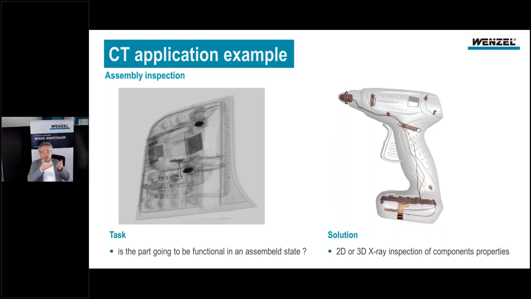From this one, we can check if everything that should be present to guarantee the work and the operation of the part is present in the part. So this is a sort of assembly inspection. Is the part going to be functional in an assembled state? Sometimes it can be answered just in one X-ray image.